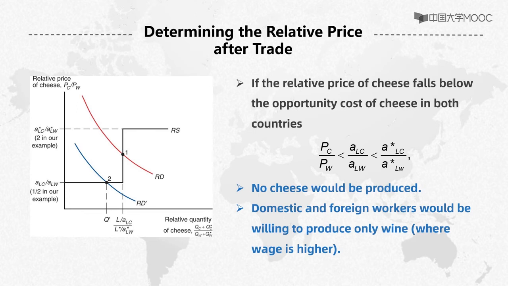Similarly, foreign will specialize in wine whenever PC over PW is less than aLC star over aLW star. We have made an assumption that aLC over aLW is less than aLC star over aLW star. So at relative prices of cheese below aLC over aLW, there would be no world cheese production.